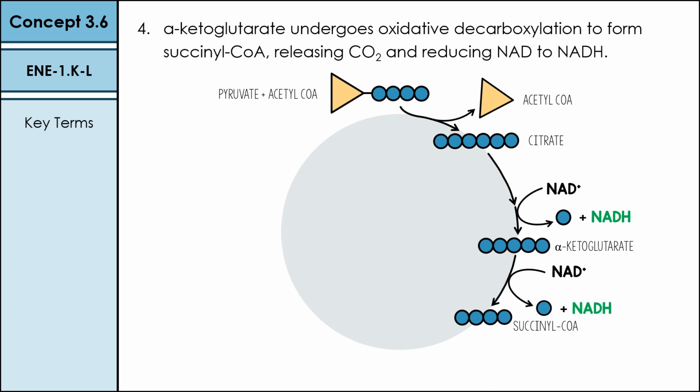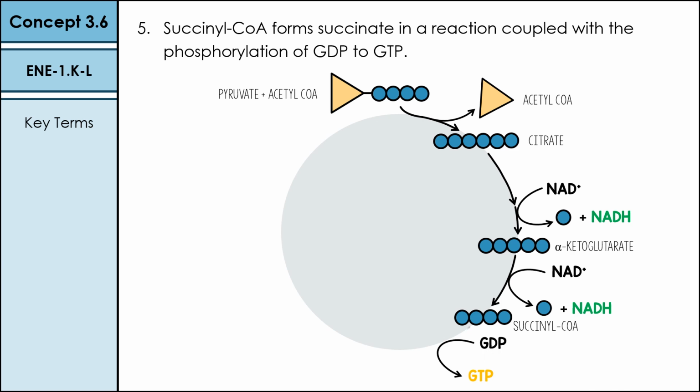Alpha-ketoglutarate undergoes oxidative decarboxylation to form succinyl coenzyme A, and this releases carbon dioxide and reduces another molecule of NAD plus to NADH. Now that succinyl CoA forms succinate in a reaction that's coupled with phosphorylation.